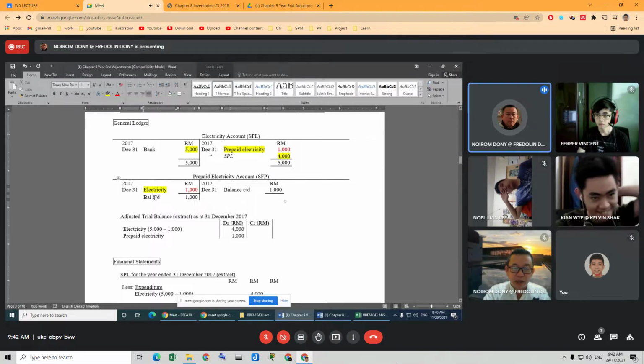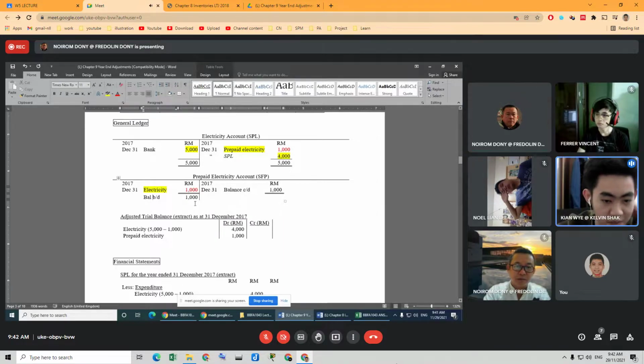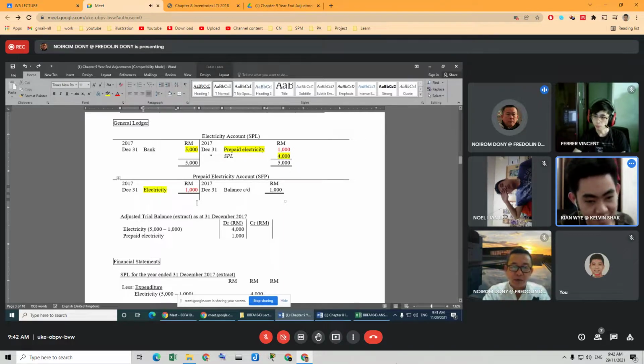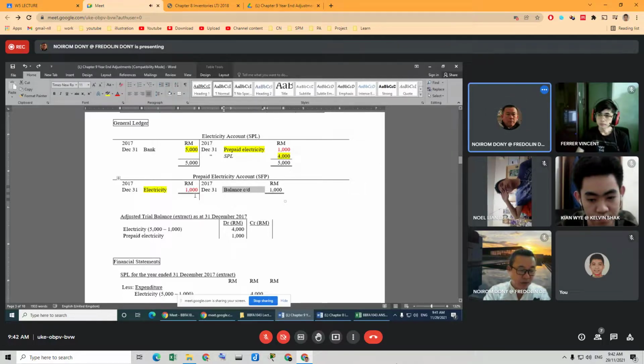You have to look at the balance b/d. Where is the location? If the balance b/d is on the debit side, then this is a debit balance. It depends on the b/d instead of the c/d. And you see, the explanation is you don't have this, you only have this, meaning debit total is more than credit total. Credit total is 0, this is 1,000. So that's why this is a debit balance. Can you understand what I'm saying?